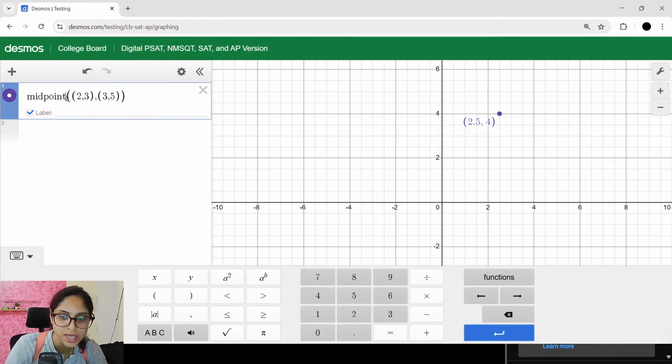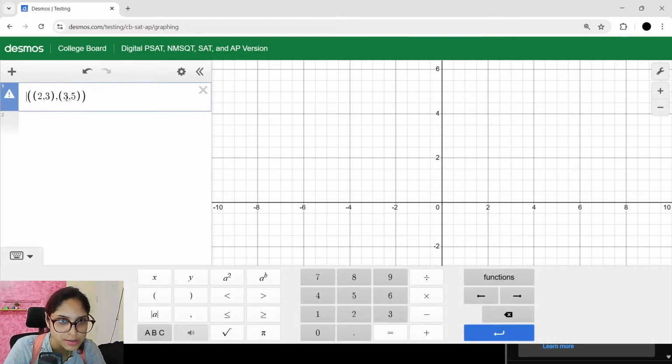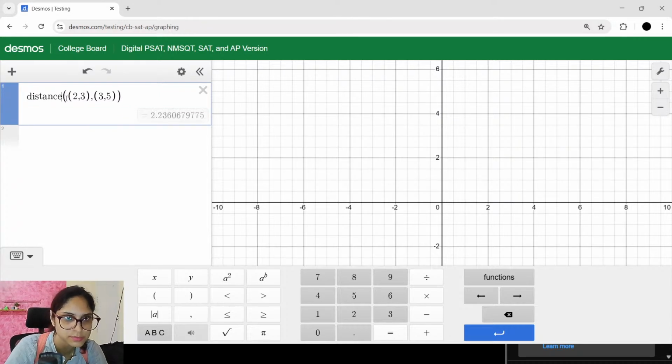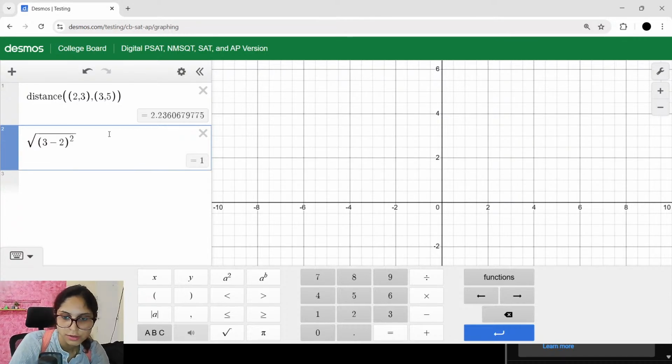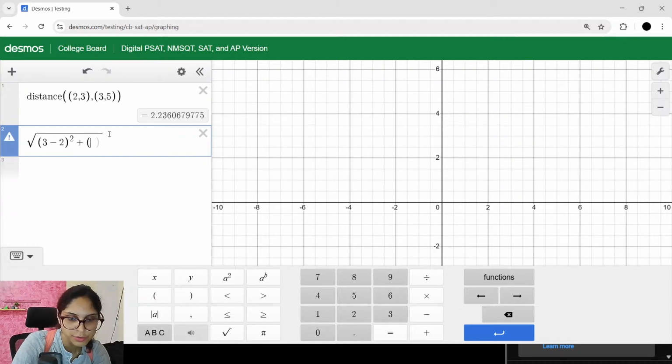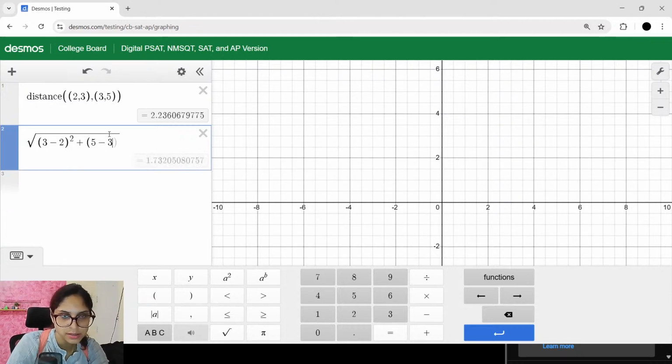And for distance, instead of midpoint, you just write distance. So you can see what is the distance between these 2 points. All right, if you forget the formula, and now let's apply the formula. We're taking square root, parentheses 3 minus 2 whole squared plus 5 minus 3 whole squared.